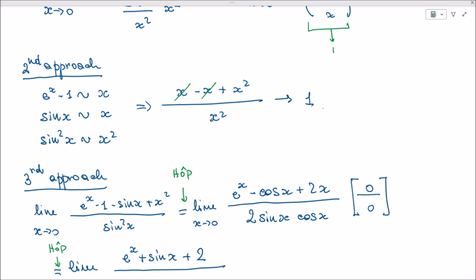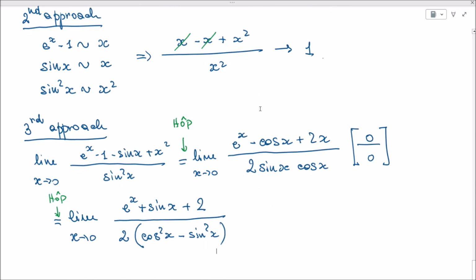At the denominator instead we have 2, this is just a constant, and then we have the derivative of a product. If we take the derivative of sine of x, we have cosine of x times cosine of x, which is cosine squared of x, and then we need to take the derivative of the cosine, which is minus sine of x, so minus sine squared of x. Good.